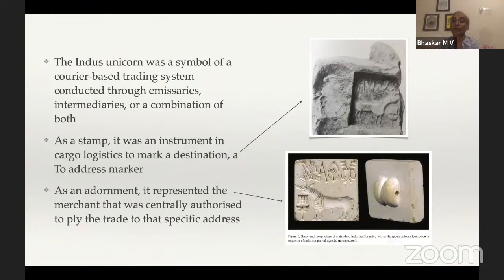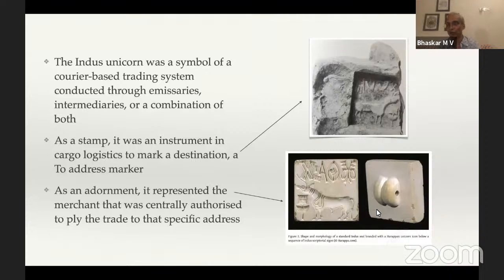Okay. By its construction, the seal was also an adornment. It was a wearable, and as a wearable, it represented the merchant that was centrally authorized to ply the trade to a specific address or specific addresses. And that's why in the bottom image on the right, you can see the back of the seal, a boss on the seal, and a hole to put a thread through.